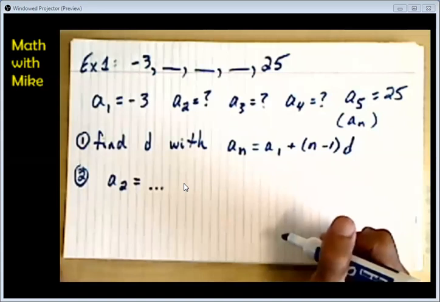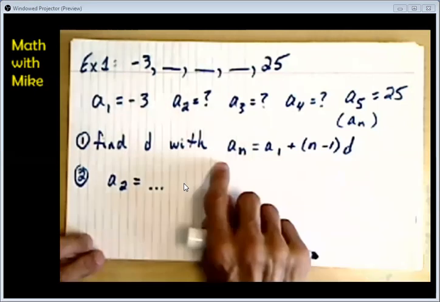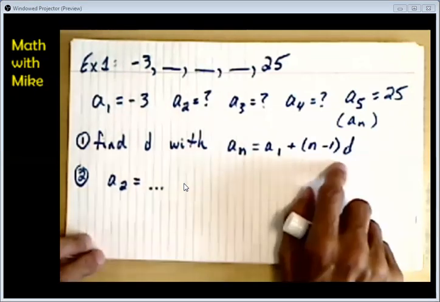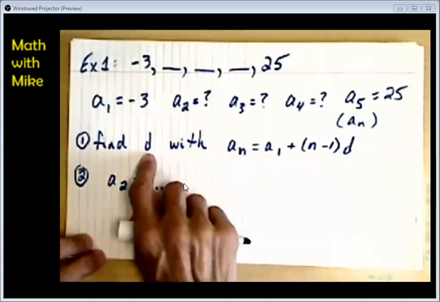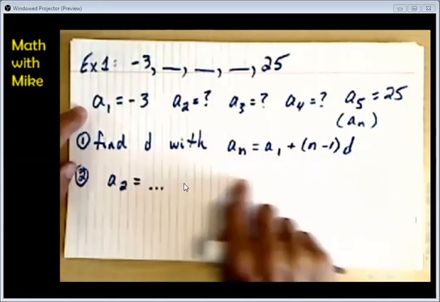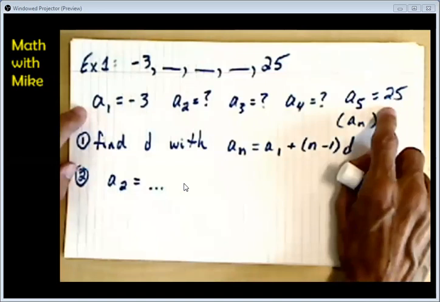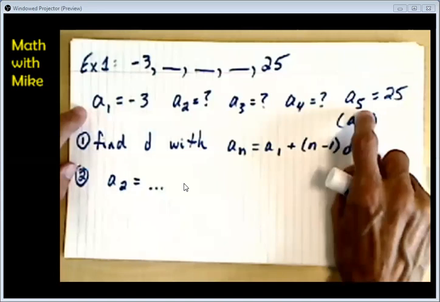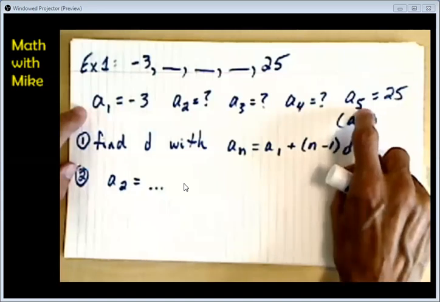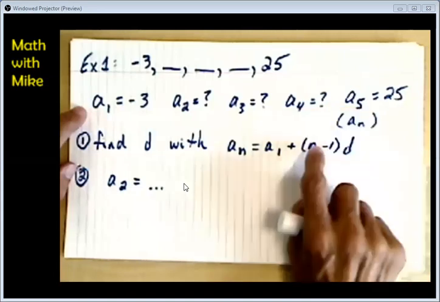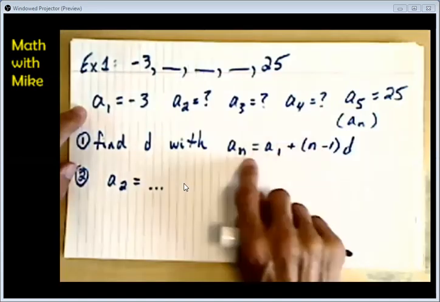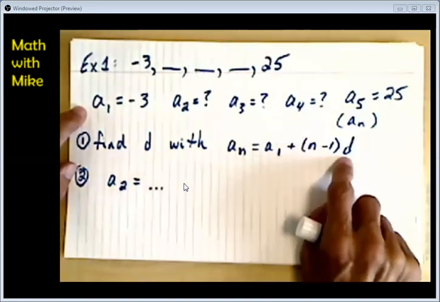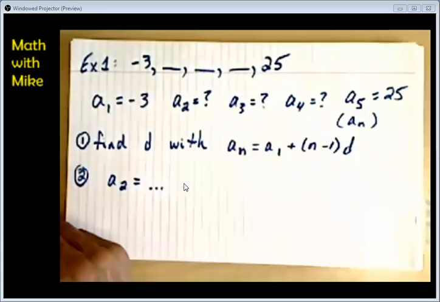Yeah, we can use this one. D will be missing. We know what A1 is, and as you said, what AN is. And also, what does this 5 represent? Nice. See? We got AN, A1, N. The only thing missing is D. Okay. So you get started on that.